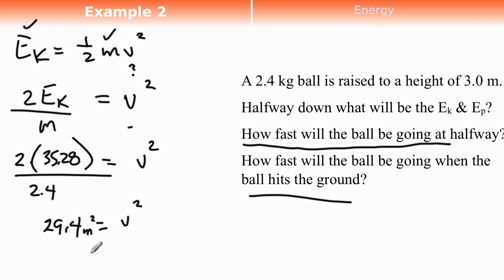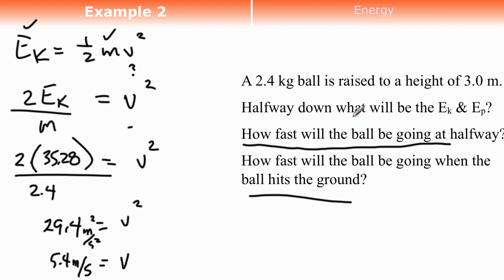And then if you square root that, 29.4 square root, whoops, uh-oh, boy, I need to learn how to use a calculator. 29.4, there we go, about 5.4. So the velocity would be equal to 5.4 meters per second. This up here should have been meters squared per second squared, and then you take the square root of each of those.